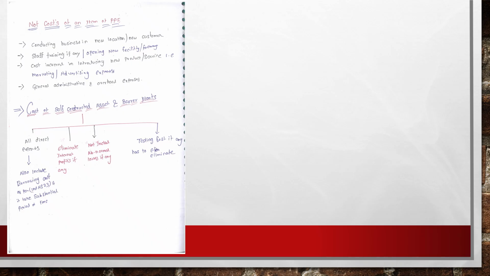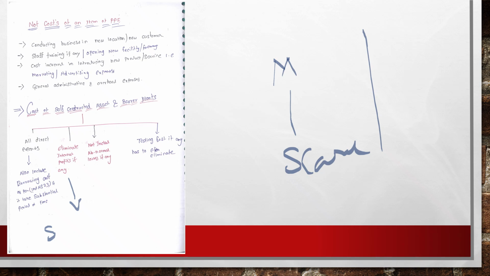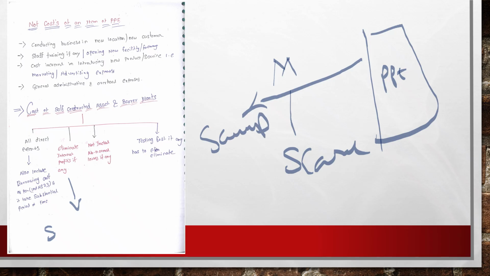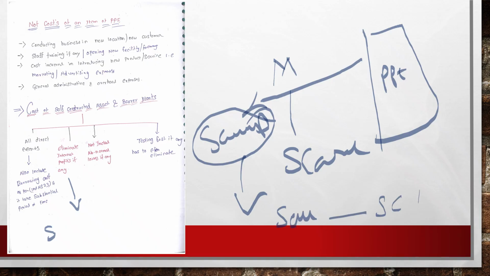And you should eliminate all internal profits, if any. I already explained that, right? If you sell any goods, or if you buy any material for that and sell it as scrap after removing it, or while producing this PPE you have produced a few scraps that may not be useful for you but have a market value, you can sell them in secondary or primary markets.